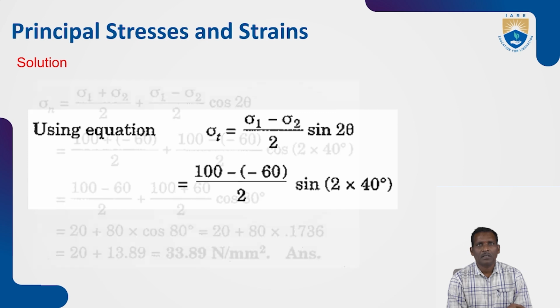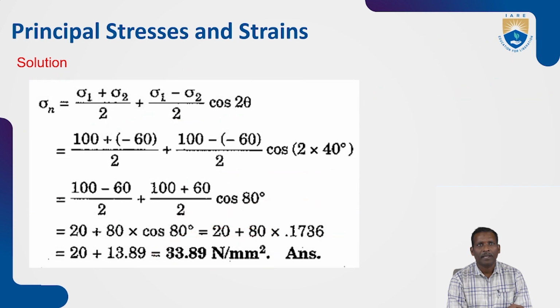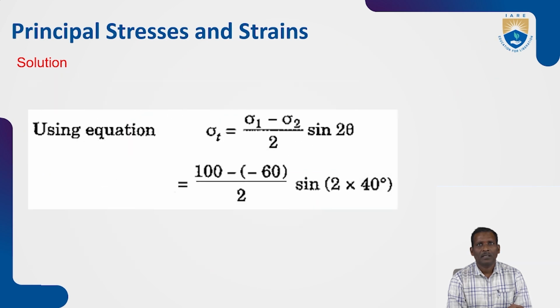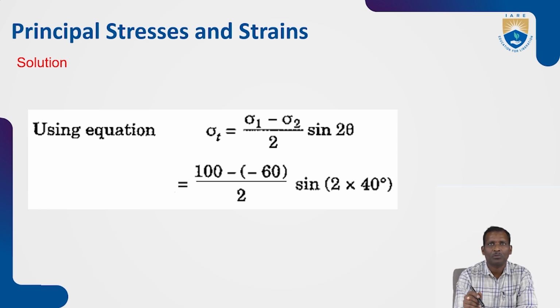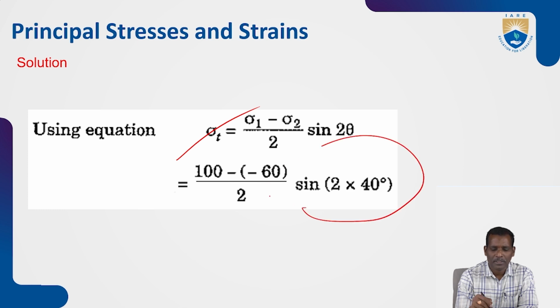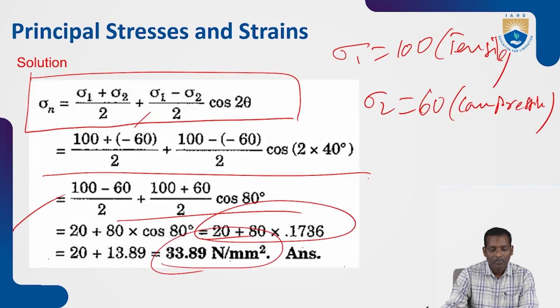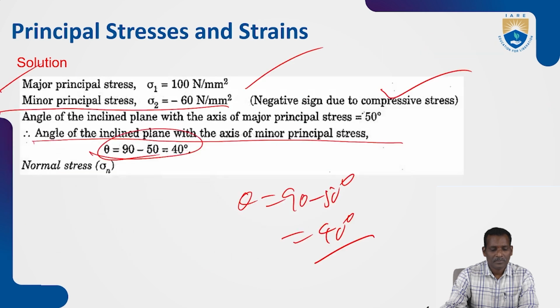So using this equation, you can calculate the shear stress: sigma 1 minus sigma 2 by 2 into sin 2 theta. So sigma 1 is given and sigma 2 you already know, and theta is 40 degrees, the angle of inclined plane with the axis of minor principal stress.